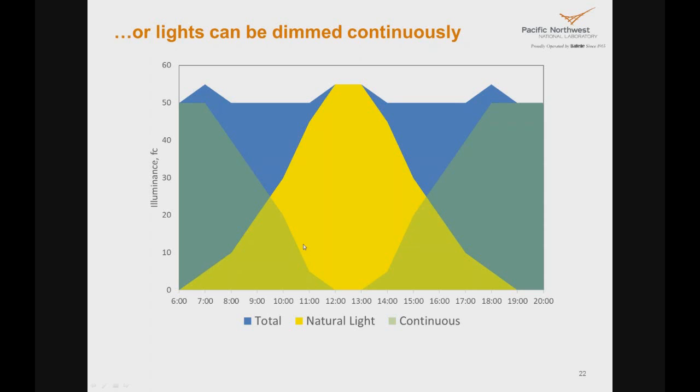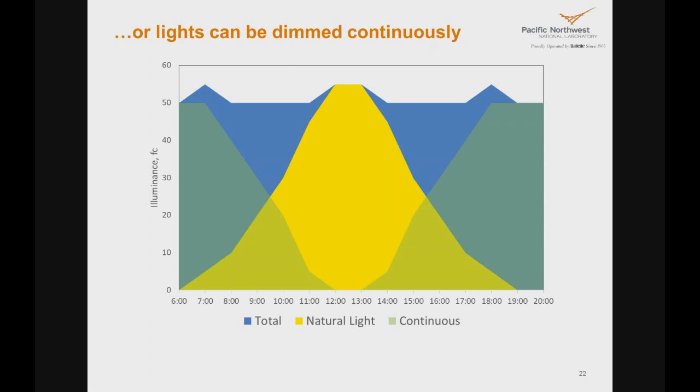You also get more energy savings because those sawtooth peaks that we were seeing in the previous graph are not there in this graph anymore, because we are maintaining a much more constant level with continuous dimming. But of course, the trade-off is that continuous dimming is more costly.